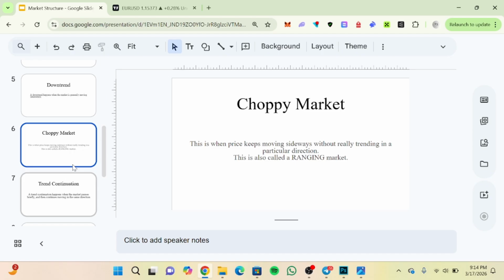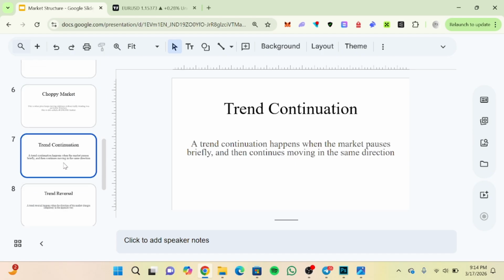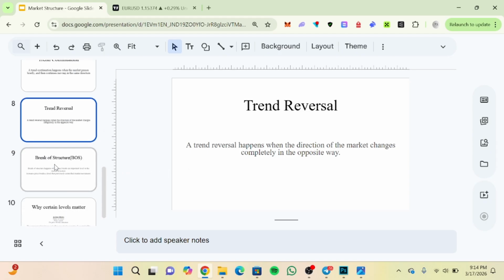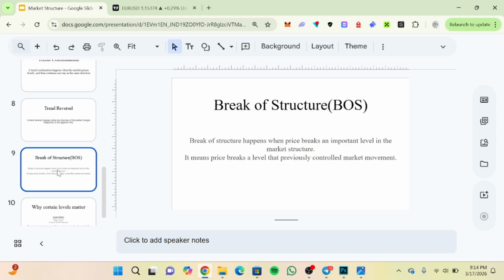Within those trends, the market will either continue the trend, which is a trend continuation, or it will reverse into a new one. One of the key signals traders use to identify all of these things is the break of structure. Once you begin to understand this concept, the market stops looking random and starts to make a lot more sense. Trust me on that.